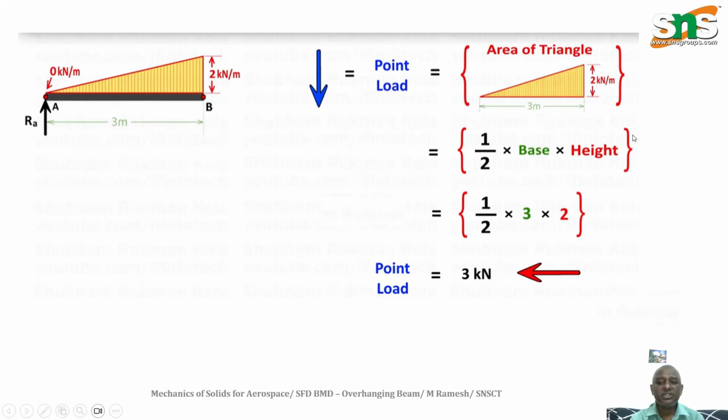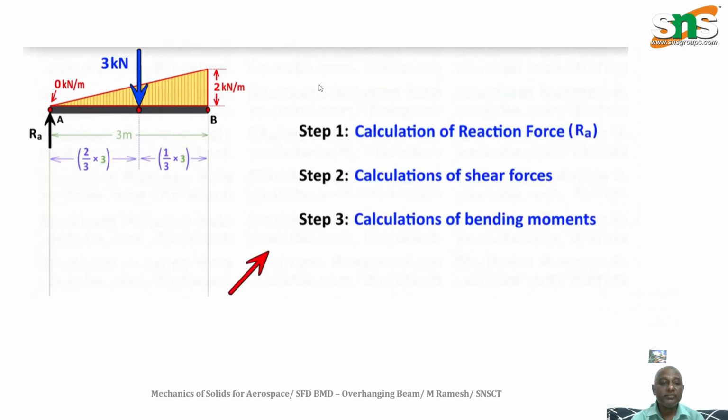So there is a uniformly varying load having a total point load of 3 kilonewton. It is a downward load, but what is the location? That has to be identified. It is very important when we are dealing with uniformly varying load. The 3 kN is located at a point, and the distance is measured from the maximum level.